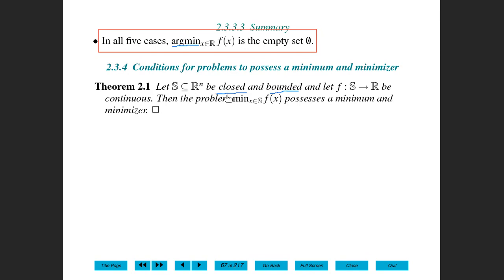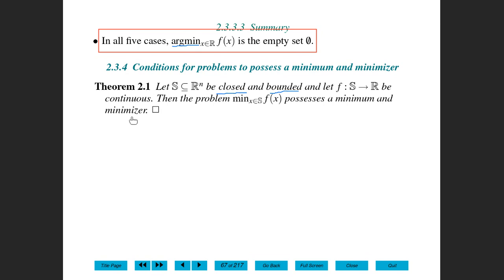So the feasible set is closed and bounded. There is an upper bound and a lower bound, so there are some limits, and the function is continuous. If the function is continuous, then we can find the minimum and the minimizer.